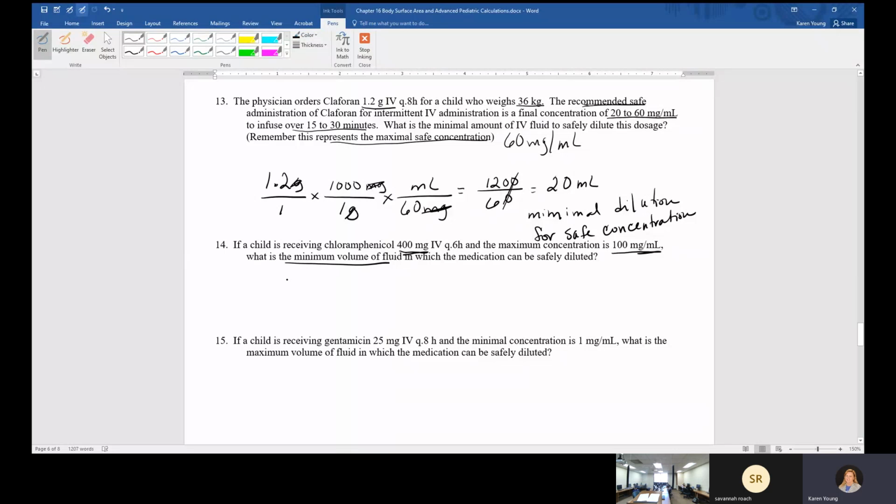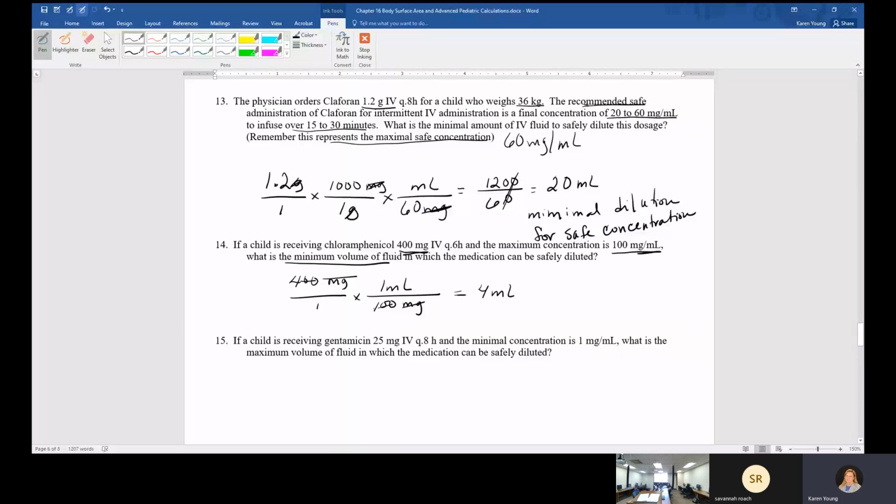So again, it's your doctor's orders, 400 milligrams over 1 times my maximum dilution, 1 milliliter over 100 milligrams. The zeros will cancel, and that leaves me with 4 milliliters.